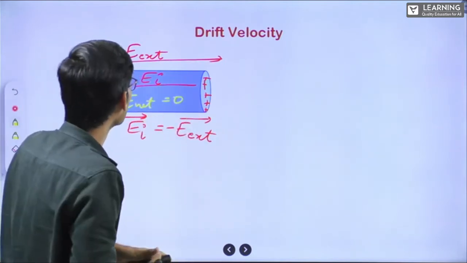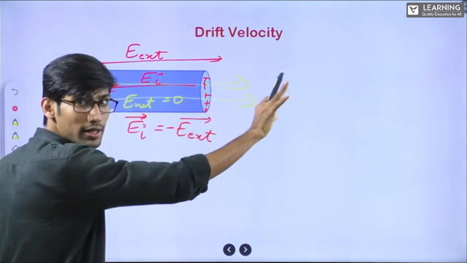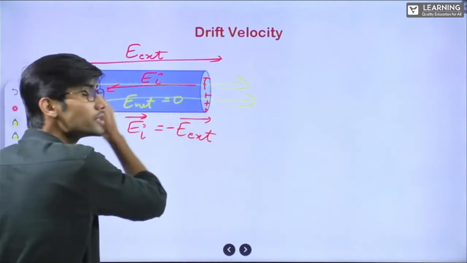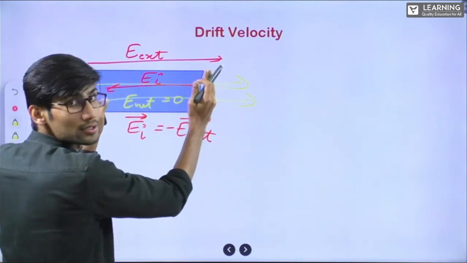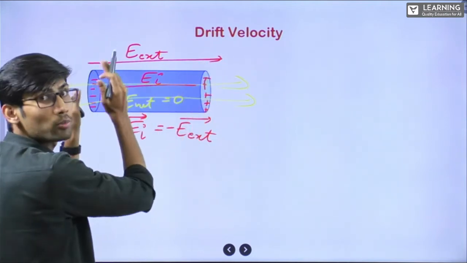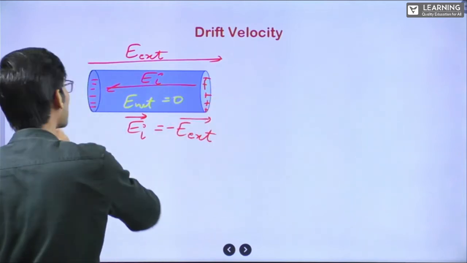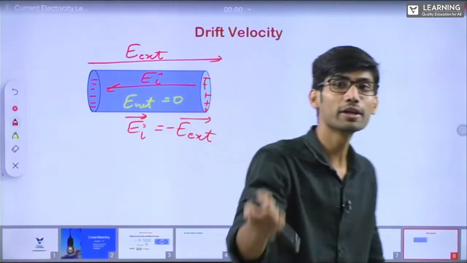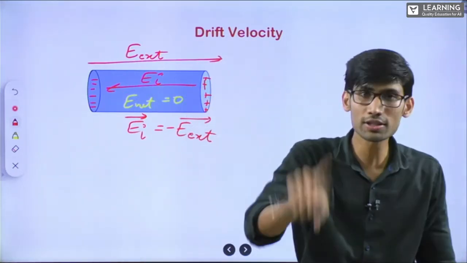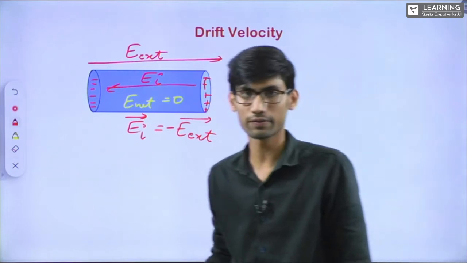E external is in this direction, E induced is in the opposite direction. Both are equal, they cancel each other. The net electric field inside any conductor is 0. Clear? Every time the induced electric field will be equal and opposite to the external electric field.